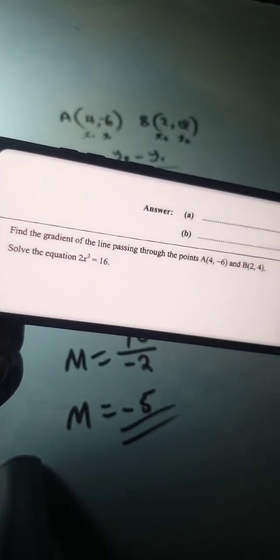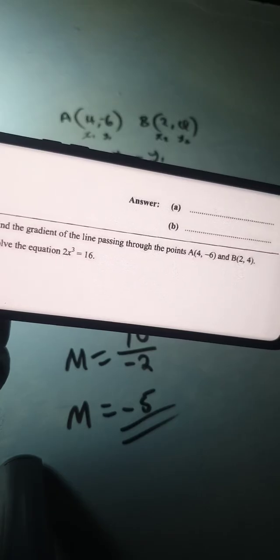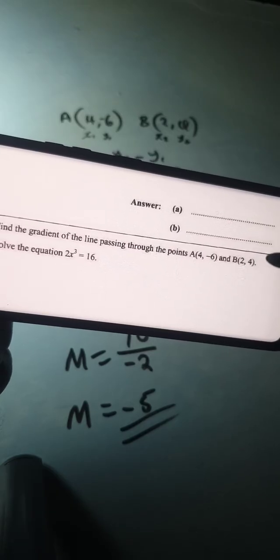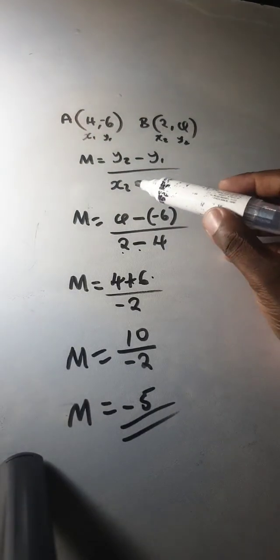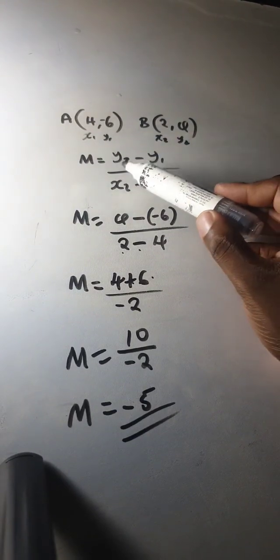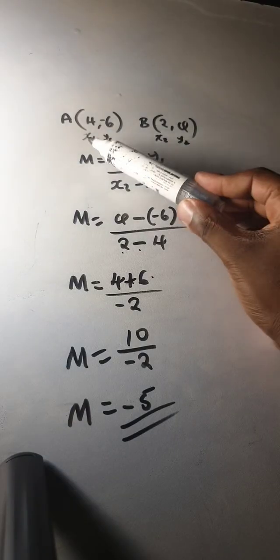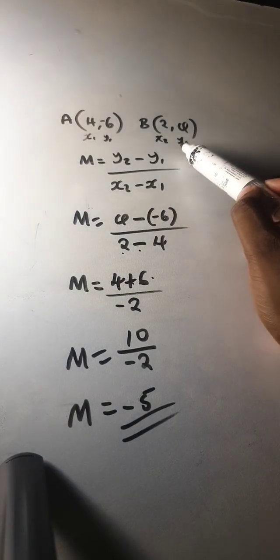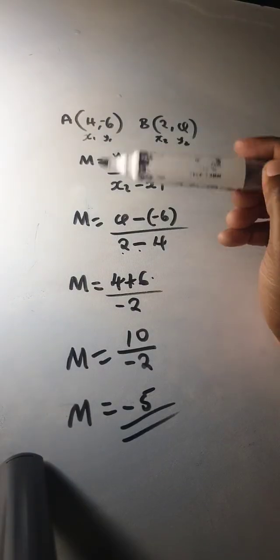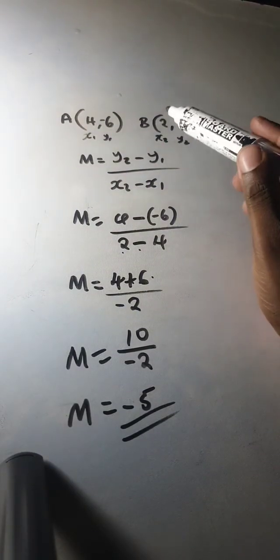So what we did, we followed the instructions given from the question, saying find the gradient of the line passing through the points A and B. I've been given 2 points, so we use the formula for gradient. Since the formula comes with y2 minus y1 over x2 minus x1, this is why we labeled x1, y1, x2, y2, so that when we are picking those, we know what we are getting.